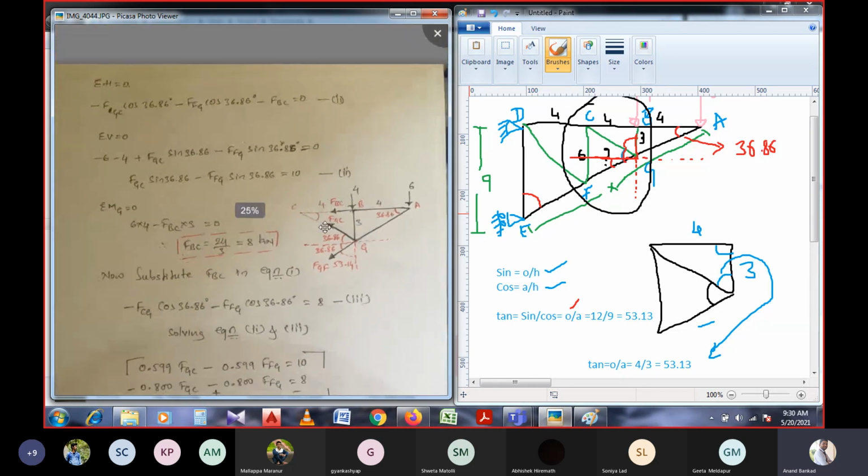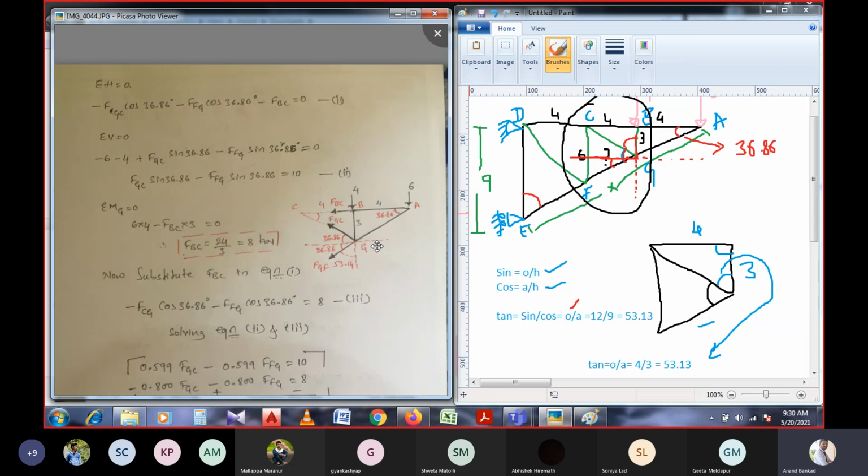If you observe this diagram, we have taken the right hand side of the section, because it is very simple. We will have only these forces to consider in the horizontal as well as vertical directions. If you consider the left hand side, taking the reactions is quite complicated as compared to this one.